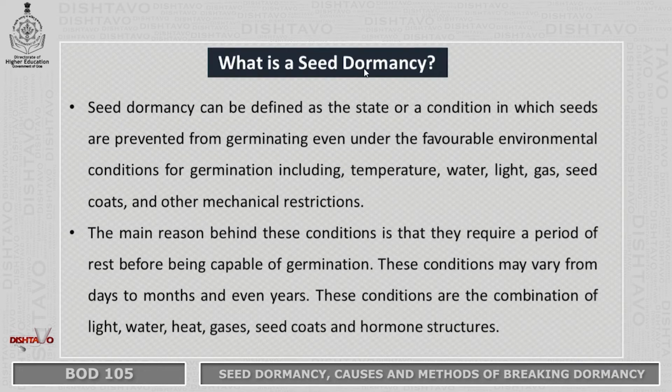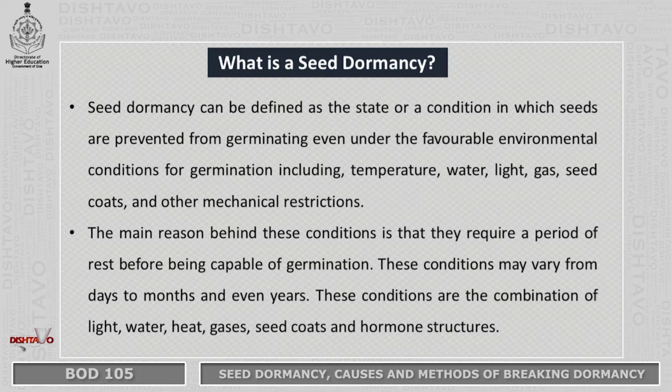What is seed dormancy? Seed dormancy can be defined as the state or condition in which seeds are prevented from germinating, even under favorable environmental conditions for germination, which include temperature, water, light, gases, and other mechanical restrictions.